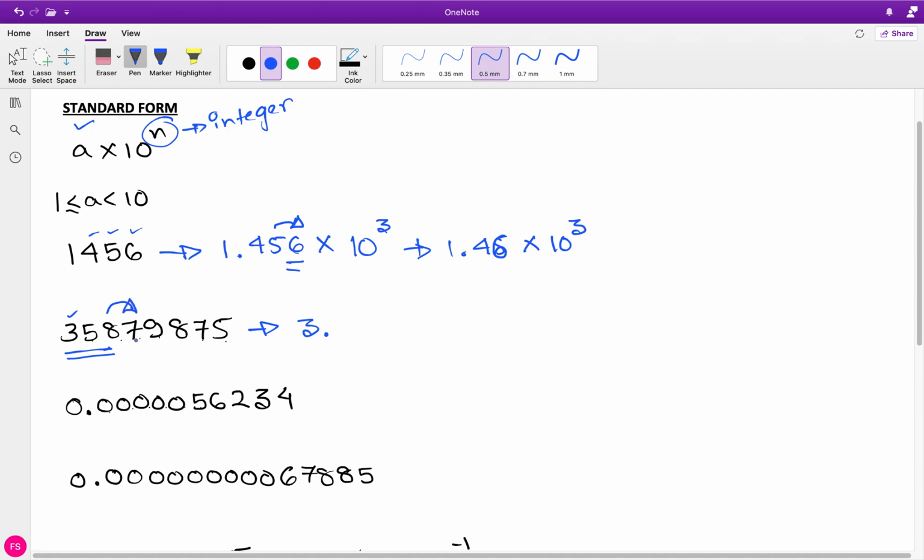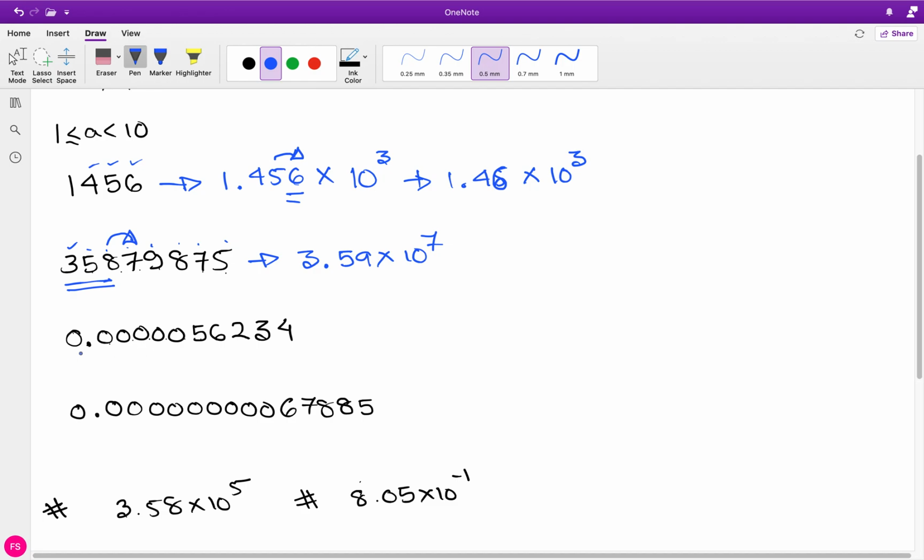Now 7 is more than 5. That means you need to change this 8 to 9. So I'm going to write 3.59 times 10 to the power of, then you need to count how many digits you have after the first number, which is 1, 2, 3, 4, 5, 6, 7. Multiply it by 7.